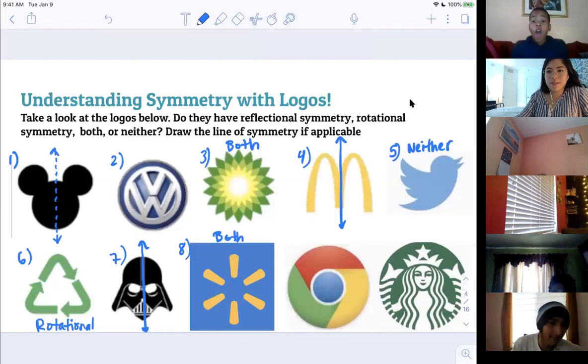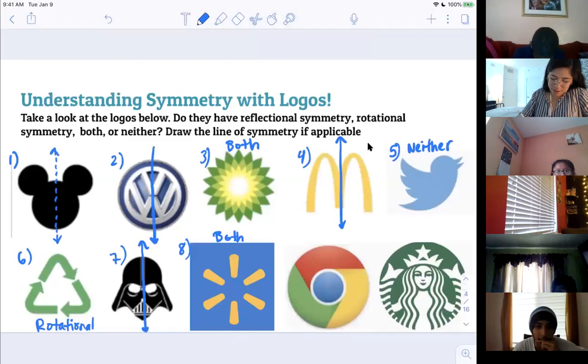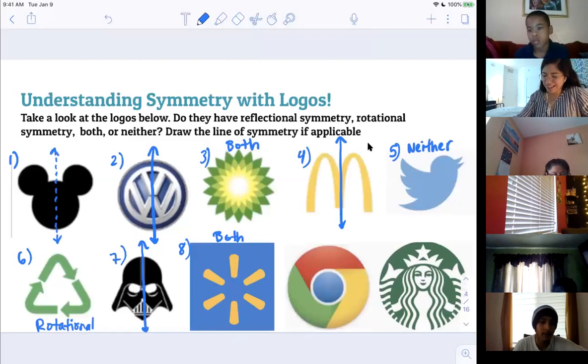If he doesn't know what that is, that's disappointing. We can't hear you. Okay, so what I was saying is that it depends if you consider the shadow an actual shadow, but so far it's reflectional. Reflectional. What type of logo is it though? Who knows what that logo is? Volkswagen. Who said it? Samaj. I was trying to see if he could figure it out himself.